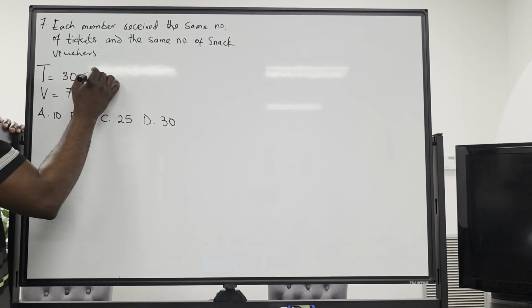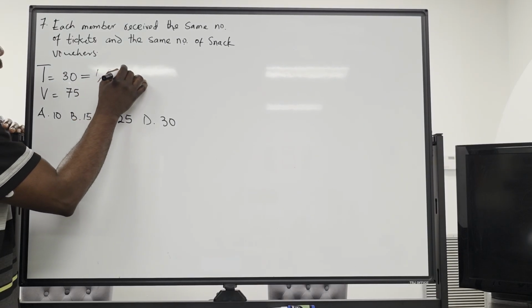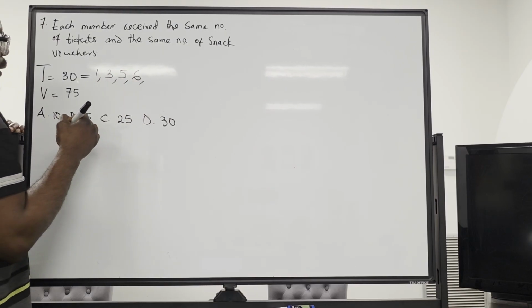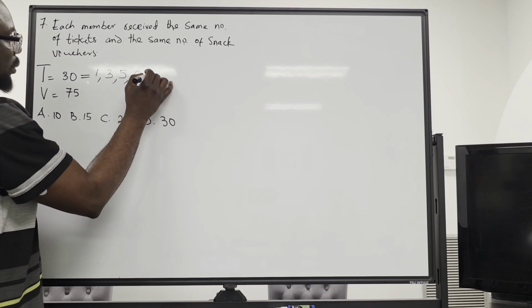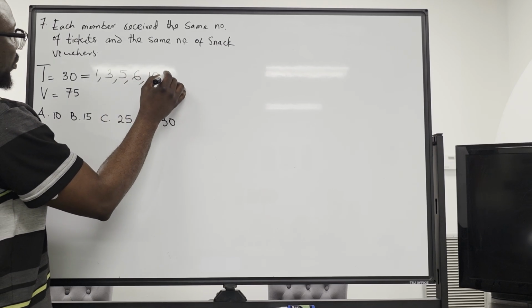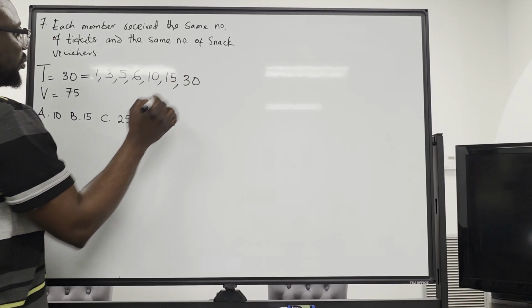Factors of 30 are 1, 3, 5, 6, 10, 15, 30.